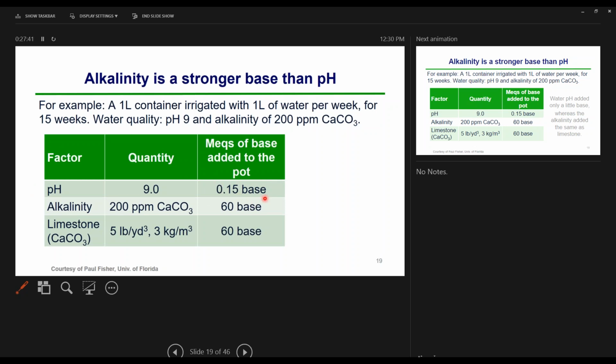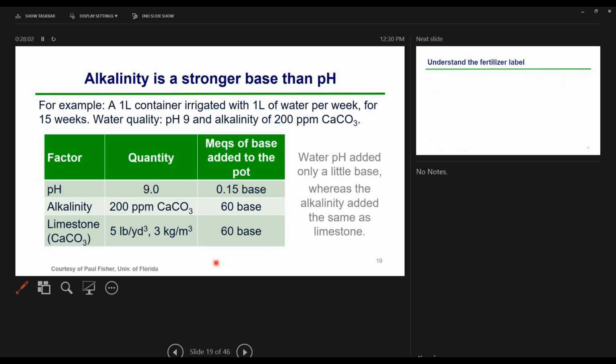Milliequivalents is a way to compare apples to apples, right? When we look at the alkalinity, those 200 parts per million provided 60 milliequivalents of base, and that's the equivalent of applying 5 pounds per cubic yard of limestone. So even though we can have a high pH, water pH will add only a little base, whereas water alkalinity will be the same as adding limestone.